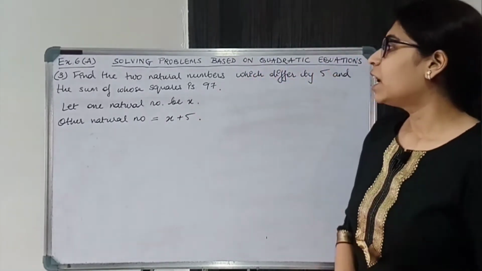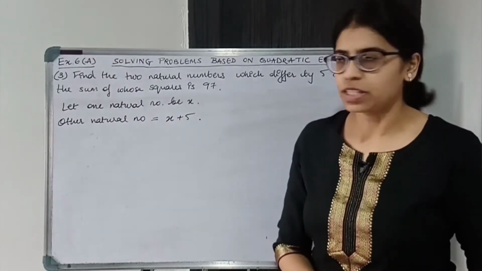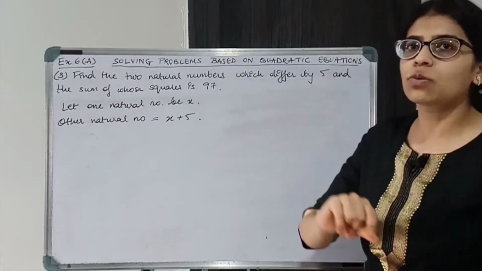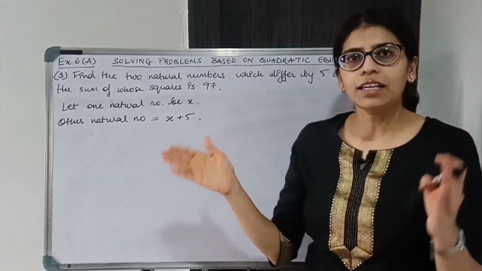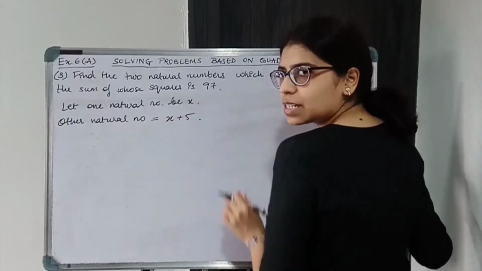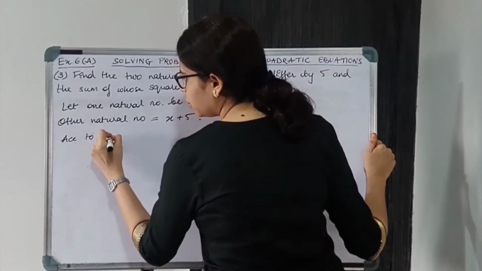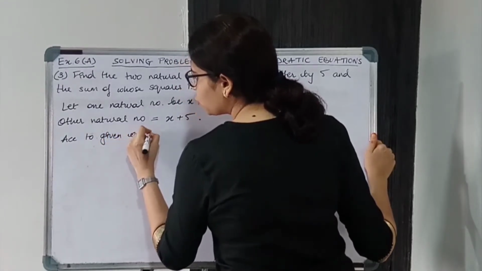Okay, and the sum of whose squares is 97. So it's very easy, sum of the squares. Take the square and then sum them: this one's square plus this one's square. So just write down according to the given condition. Please don't use short forms.